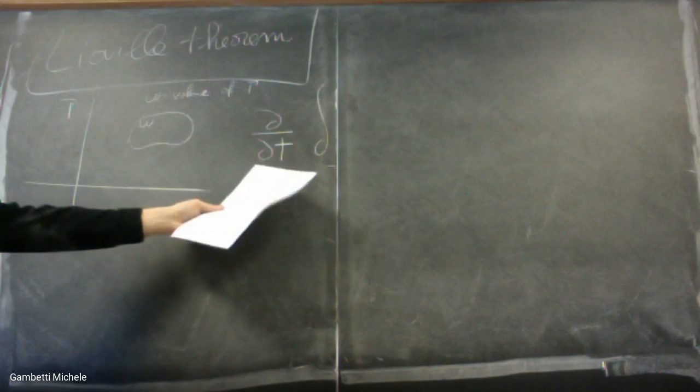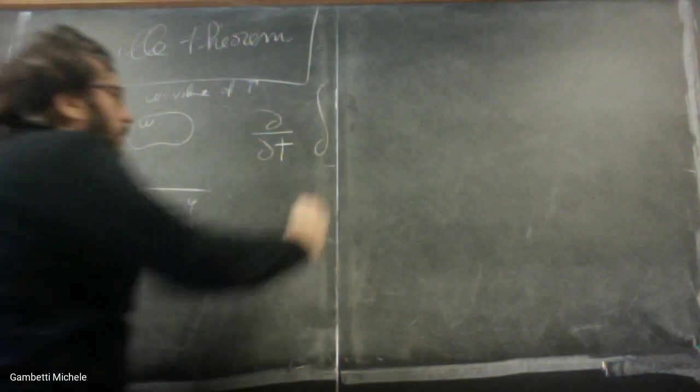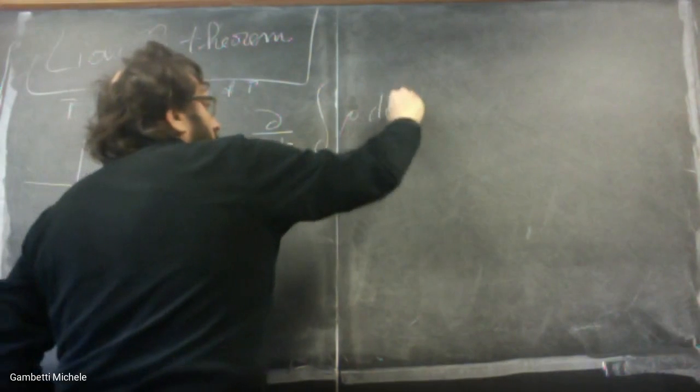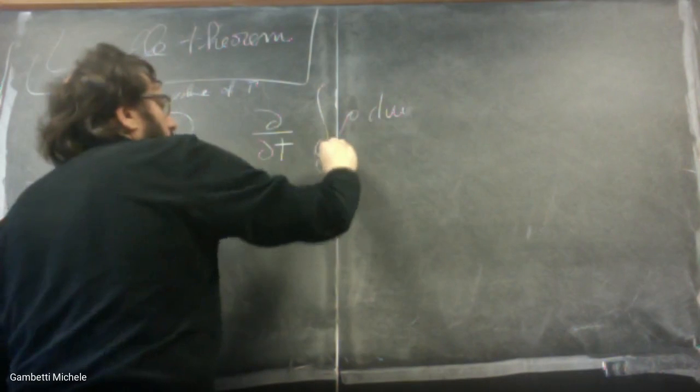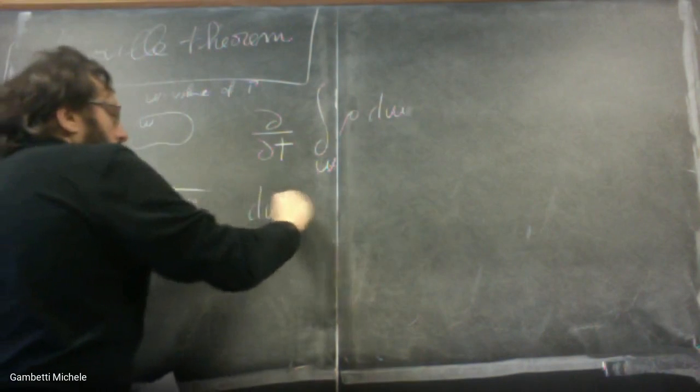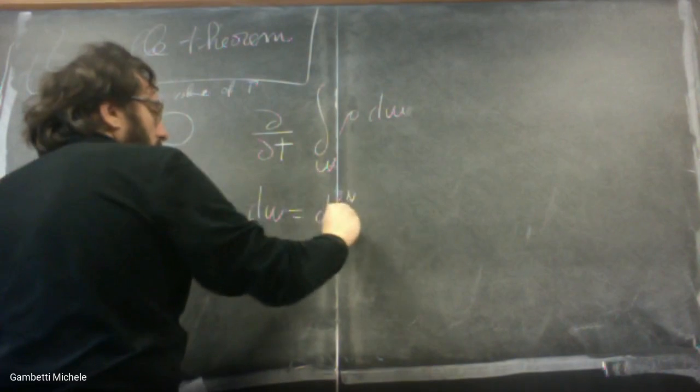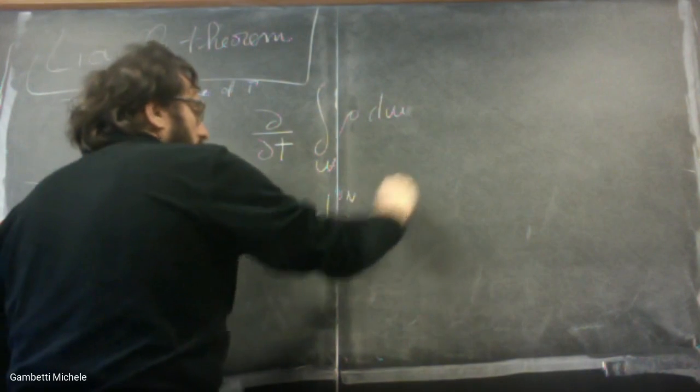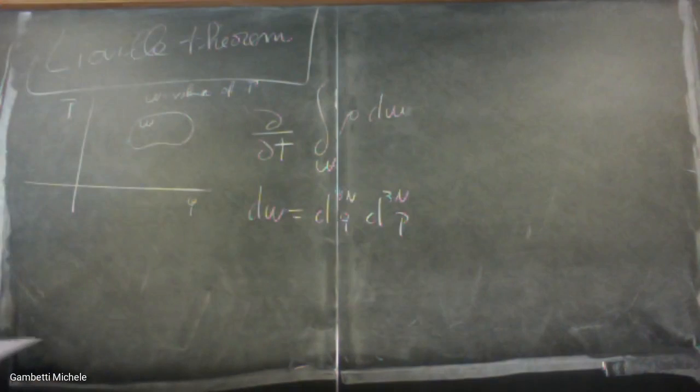And what I want to say first is that if I do the derivative with respect to time of the total number of states which are within this volume, I have to do this integral: the partial derivative of rho times d omega over the volume omega, where d omega is the infinitesimal phase space volume, which is this quantity here.